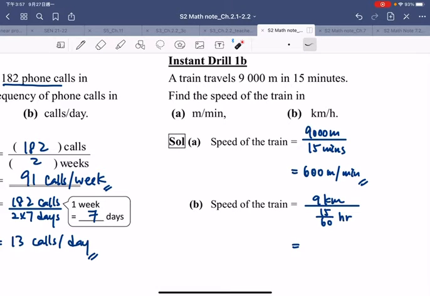And then for part B, we need to change the number to 2 different units. First of all, 9,000 meters is 9 km, and then 15 minutes, so we divide it by 60 to get the number for hour. So again, 1/4. Finally, the answer is 36 km per hour.